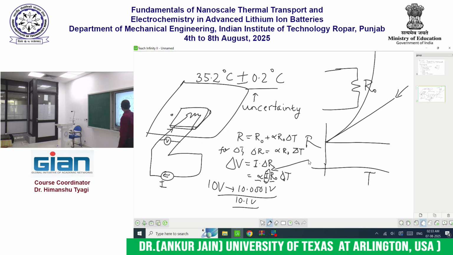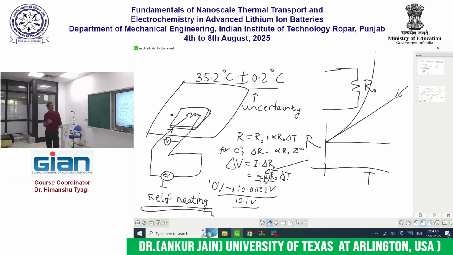If it produces a change in voltage to the first decimal, I'm sending too much current. I don't need that much. So I'll slow down on the current in order to get a more reasonable change in voltage. This phenomenon is called self-heating. And I want to minimize self-heating.